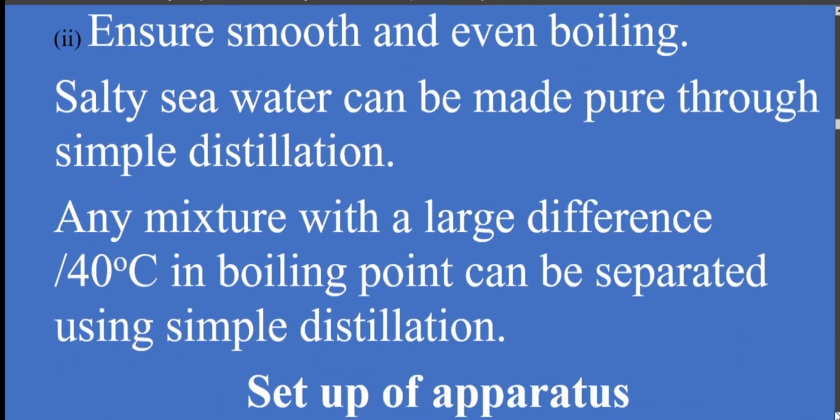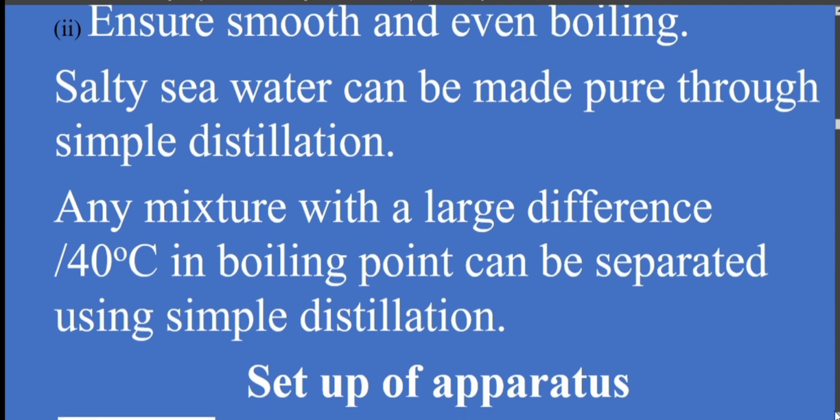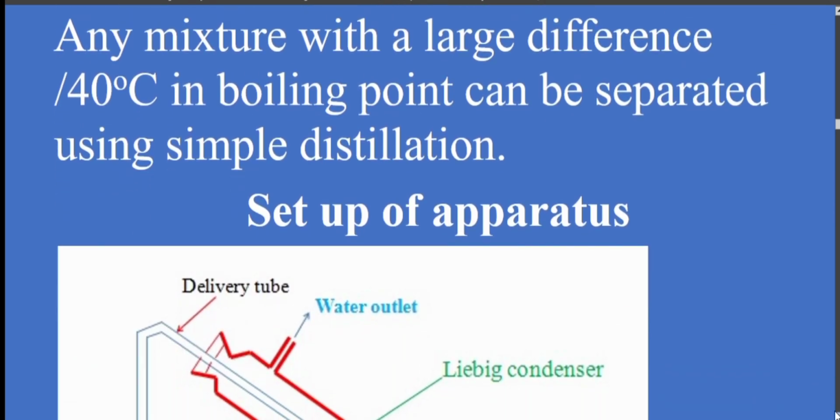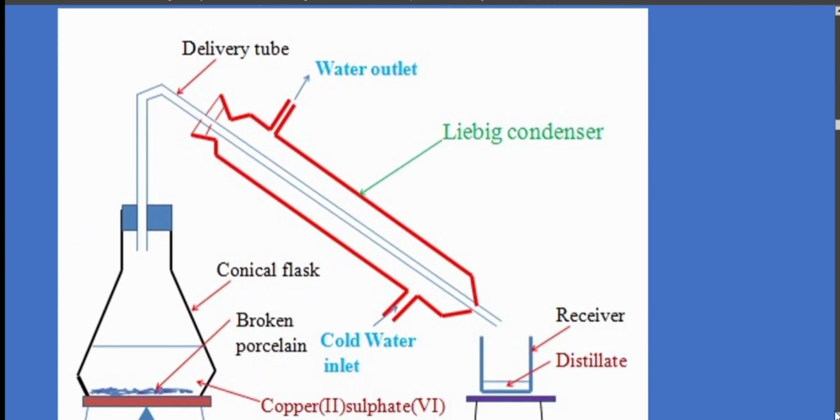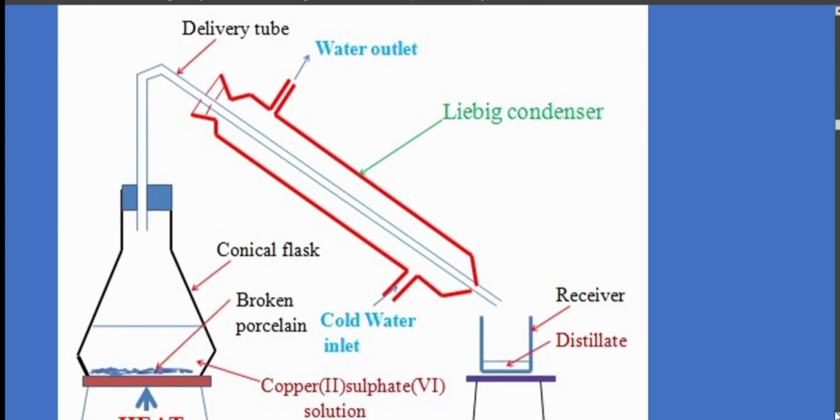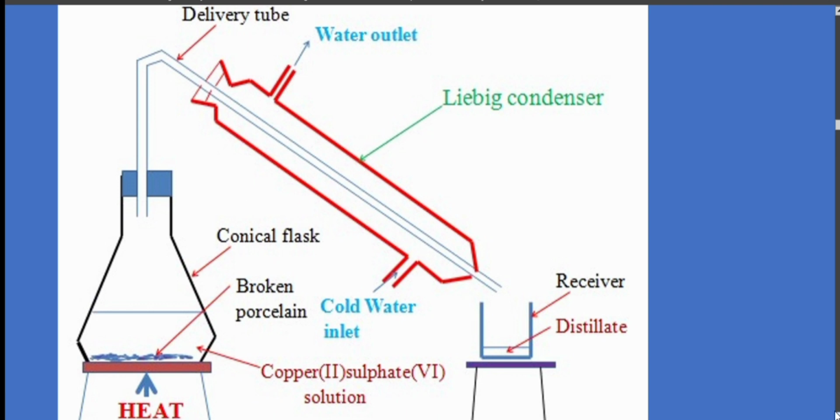Now let's look at the setup of the apparatus. This is the setup of the apparatus that we are talking about. Down here you have the source of heat and a tripod stand that has a wire gauze on it. Then you have a conical flask with either broken porcelain or sand.